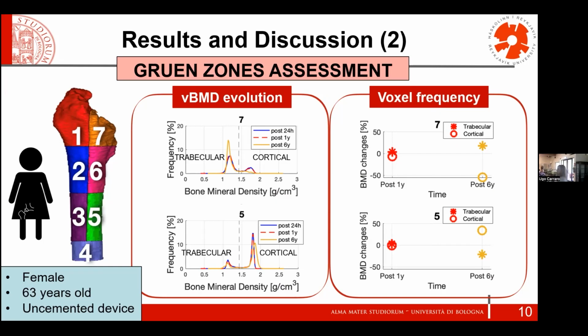But after 6 years, we can see that there is a significant loss, reaching almost minus 50% in cortical bone in the more proximal area, with a slight increase of trabecular bone, while in the more distal area, we observed a completely opposite behavior.